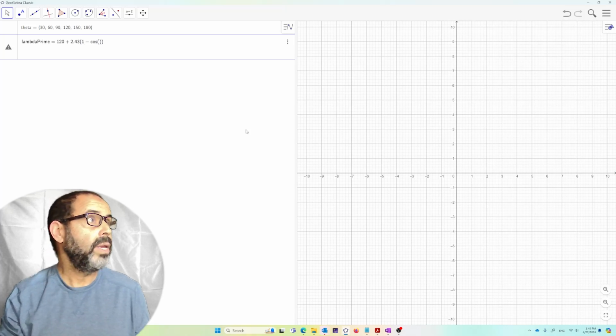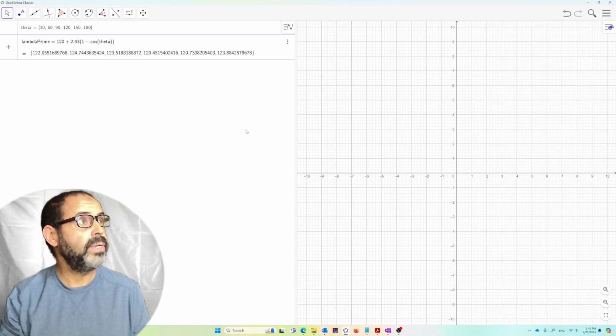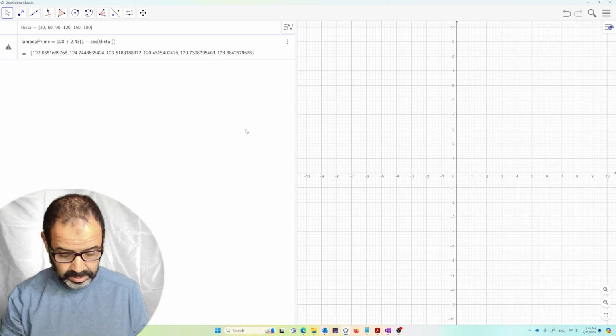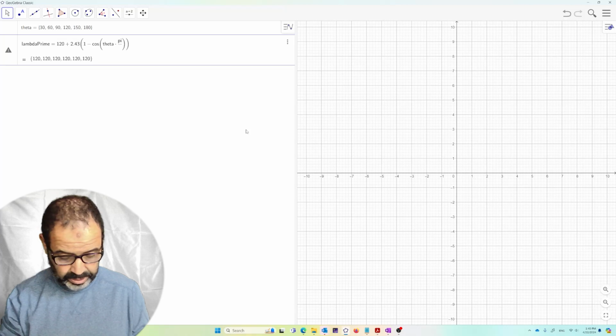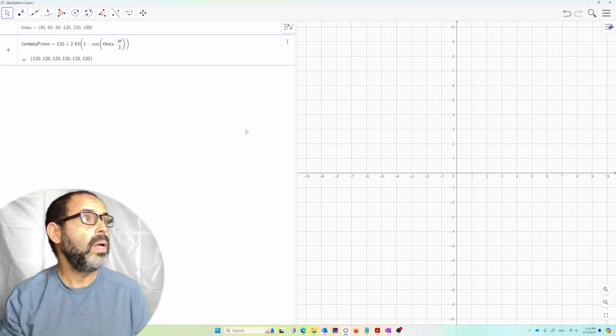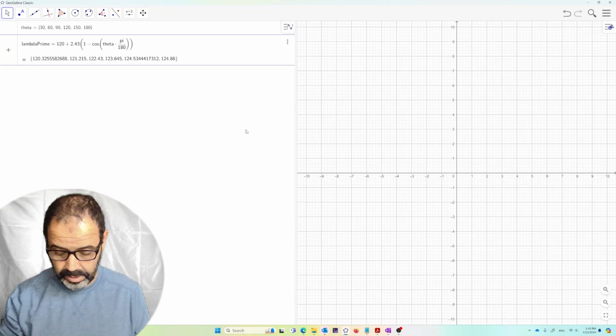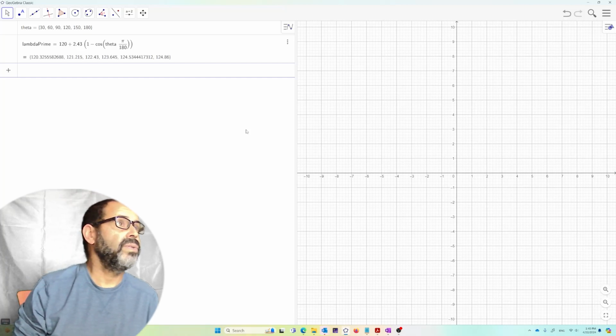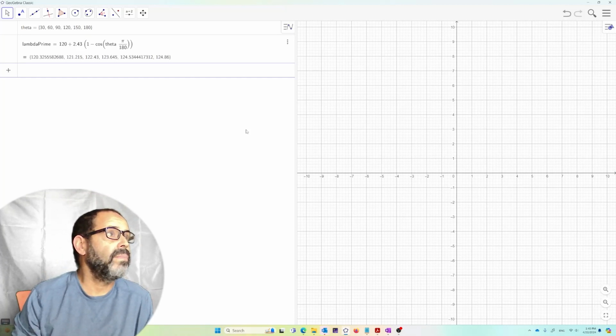This theta is not in radians, so I have to convert it to radians. Right now it's in degrees, so I have to multiply it by pi and divide by 180. Okay, obviously these are the numbers that I have in here for my scattering.